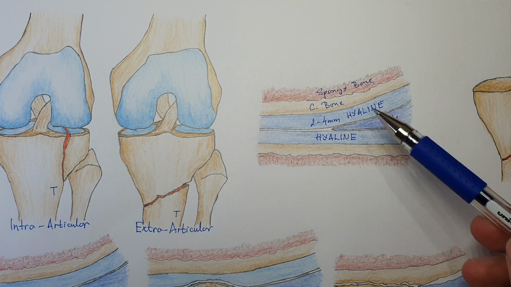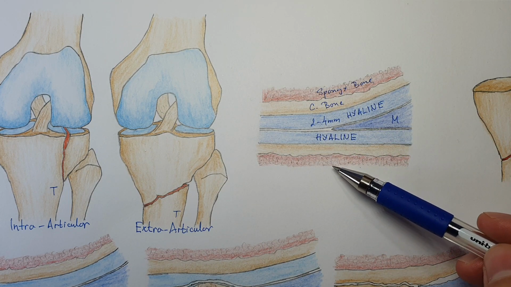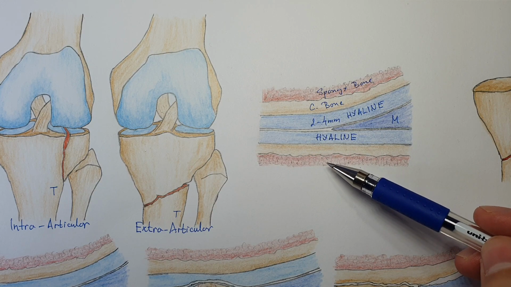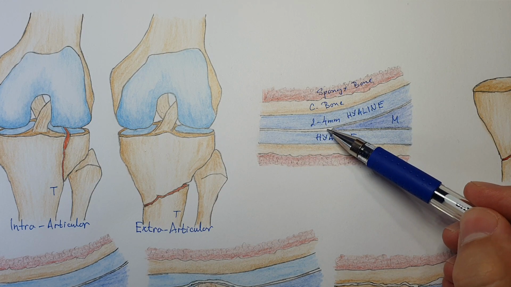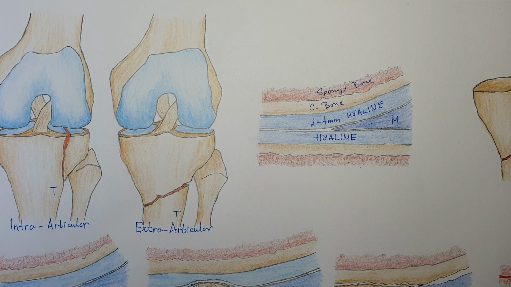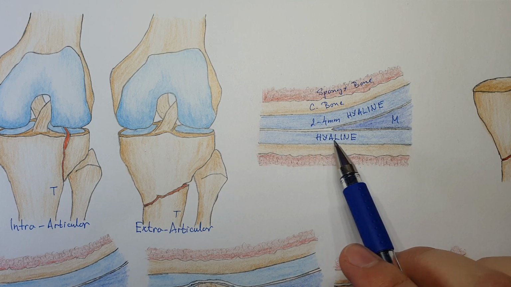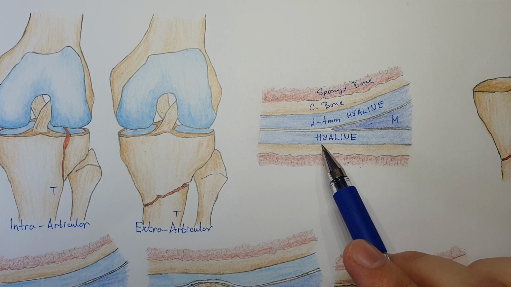And this is how the things are arranged normally in a physiological joint, a synovial joint. And here would be in the joint space a little bit of synovial fluid, 3 to 5 milliliters. So the hyaline cartilage allows the normal movements that are painless.